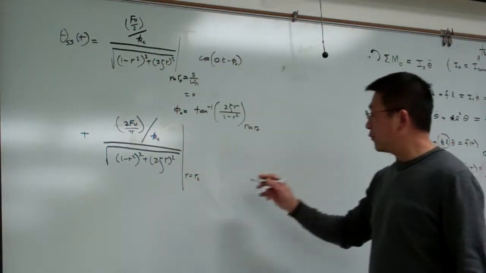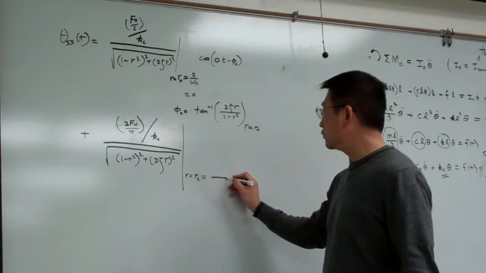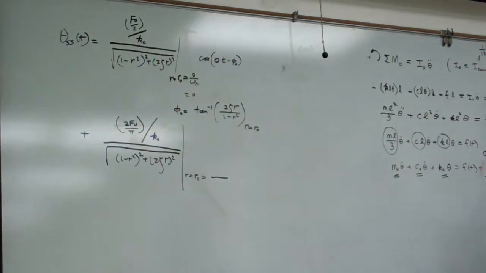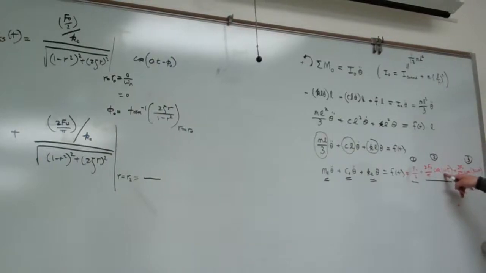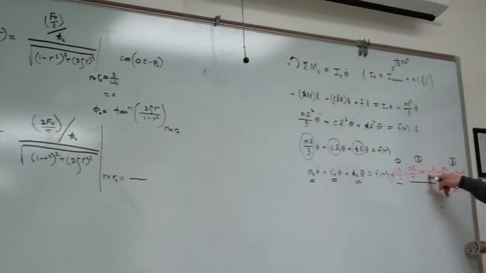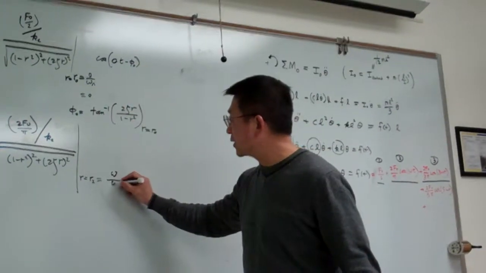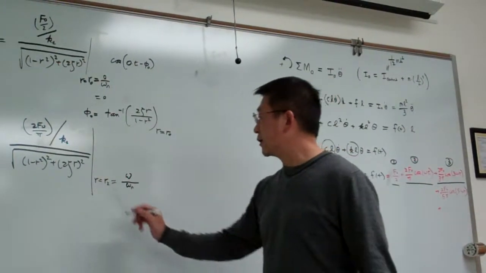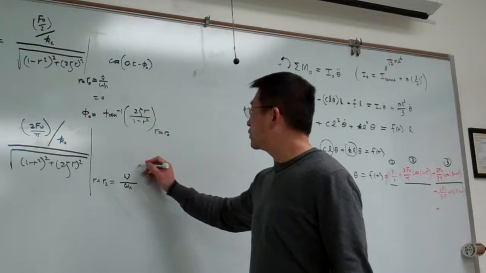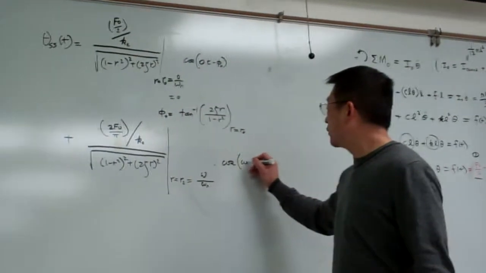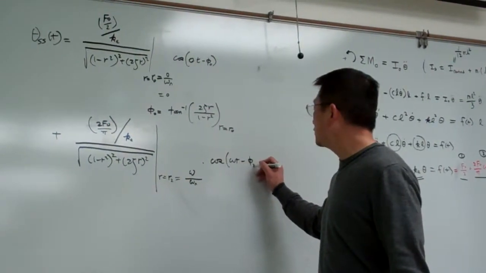Okay? And what is r2? r2 equals the working frequency, which is ω here. For the second term, its working frequency is ω. So that is ω divided by ωn. Okay, and then multiply by cosine of ωt minus phi2.